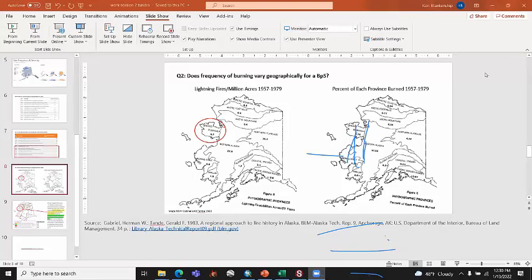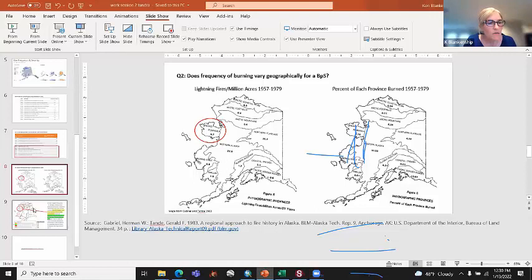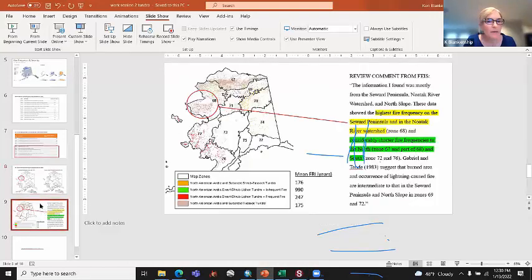There are some more recent papers on it. This comment came as part of an FEIS review, published in 2015, from the Fire Effects Information System.